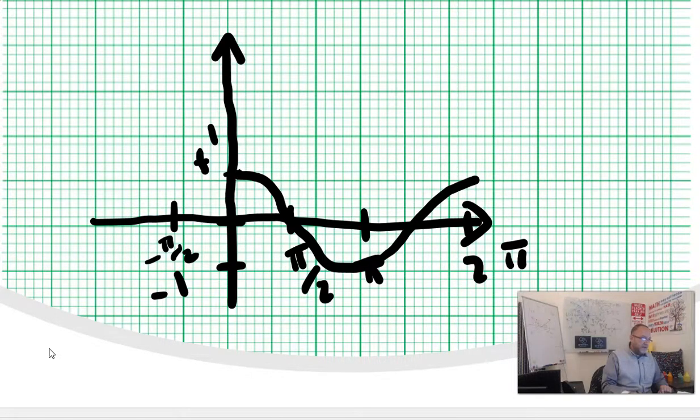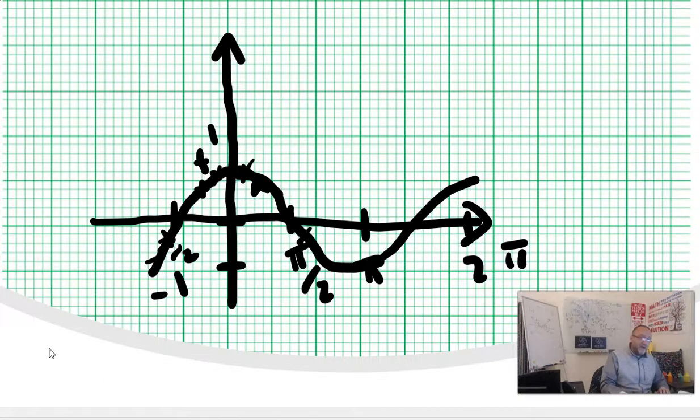And on the other side, look at it carefully now. It goes through that minus pi over 2 like this. So if you look at this, the function actually gives back the same y. Look at the y. The y is the same here and here, and here and here.